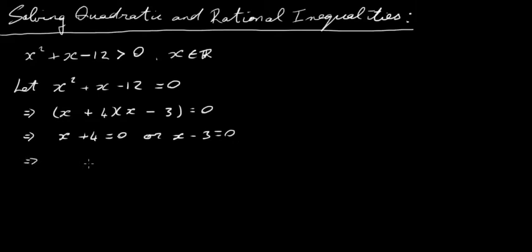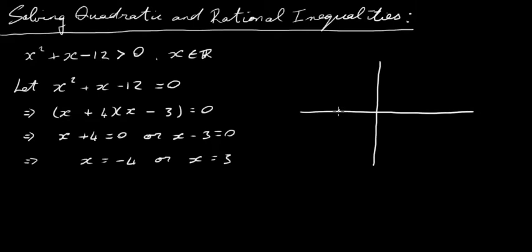So x is equal to minus 4, or x is equal to 3. If I draw a sketch of this quadratic, what I would get is something like this. This would be minus 4 here, and this is 3 here, and the graph would look something like this.